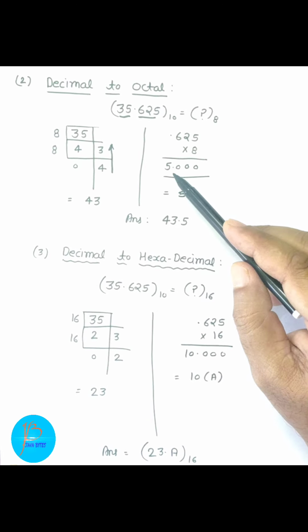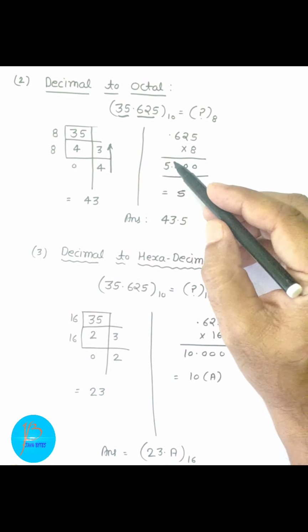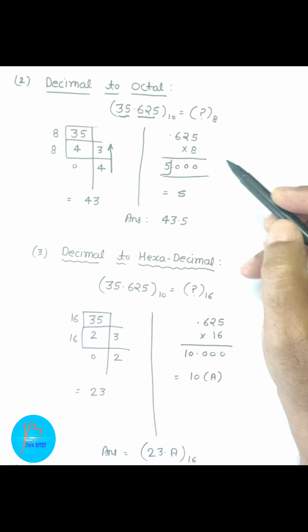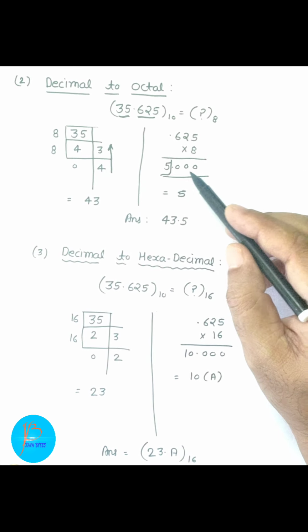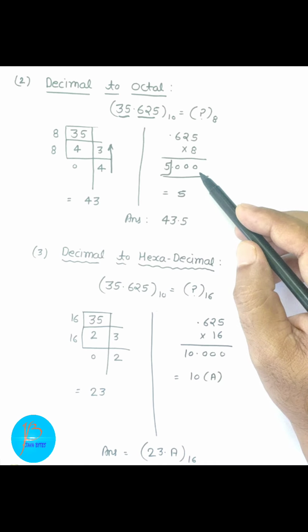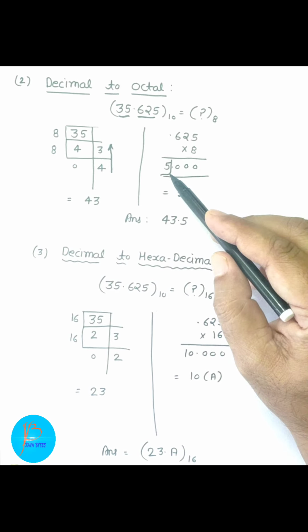The first time, your answer will appear as 5.000. So in the first calculation itself the fractional part turns to 0.000, meaning further calculation is not possible, so you stop here.